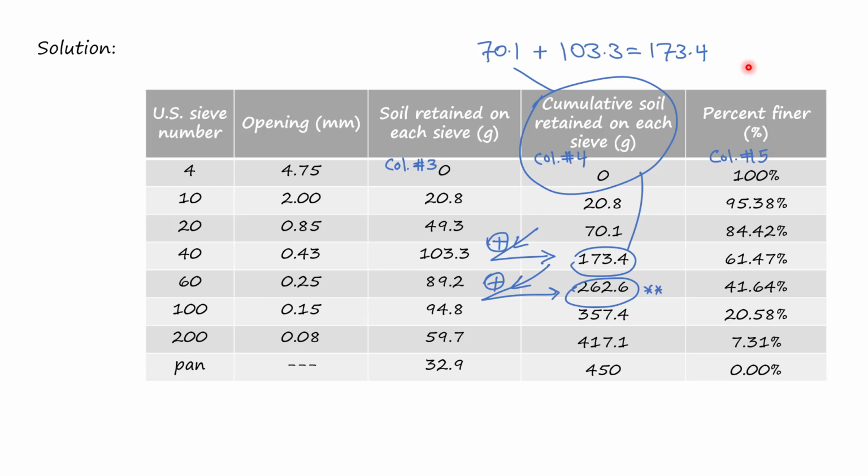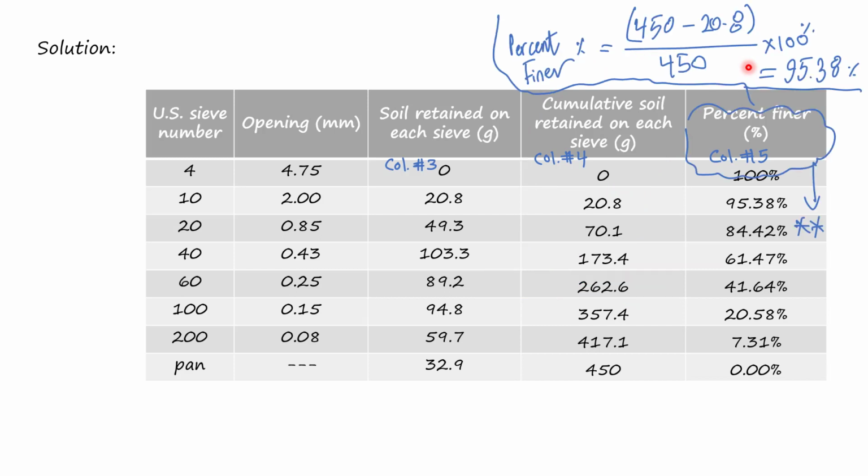Now, how are we going to determine the percent finer? We know, again, this is something given, but if and only if you were asked to find the percent finer, this is how you're going to determine that. You will use the total from the cumulative, that's what we have here, 450 minus the 20.8.